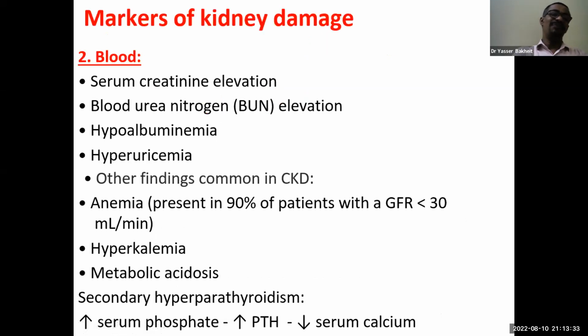Among other biomarkers in the blood, serum creatinine is usually elevated, and blood urea nitrogen is also elevated, with hypoalbuminemia and hyperuricemia. Other common findings in chronic kidney disease: anemia, present in 90% of patients with GFR less than 30, hyperkalemia, metabolic acidosis, and secondary hyperparathyroidism, with increased phosphorus and parathyroid hormone and reduced serum calcium.